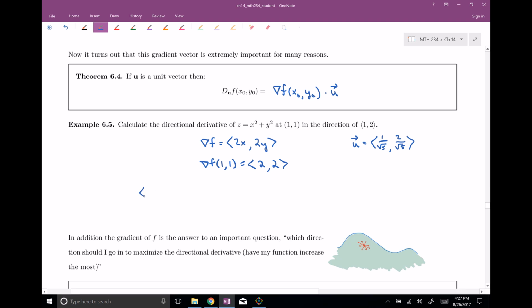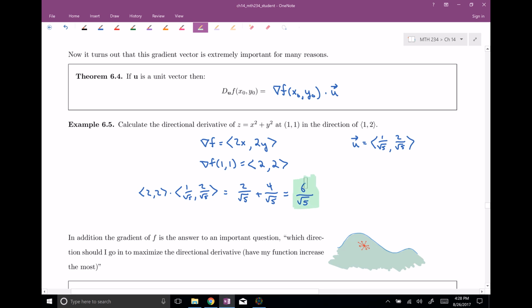We want to dot 2, 2 with 1 over root 5, comma 2 over root 5. When I do that, we have 2 over root 5 plus 4 over root 5, and that is 6 over root 5, which was the same answer that we got before.